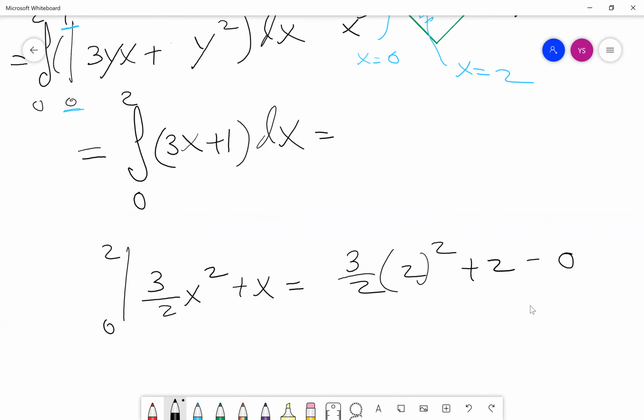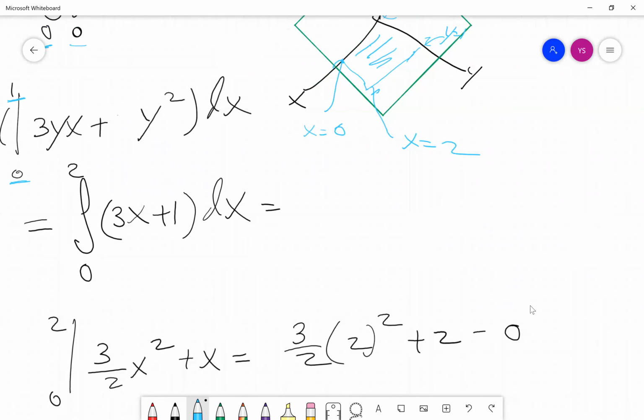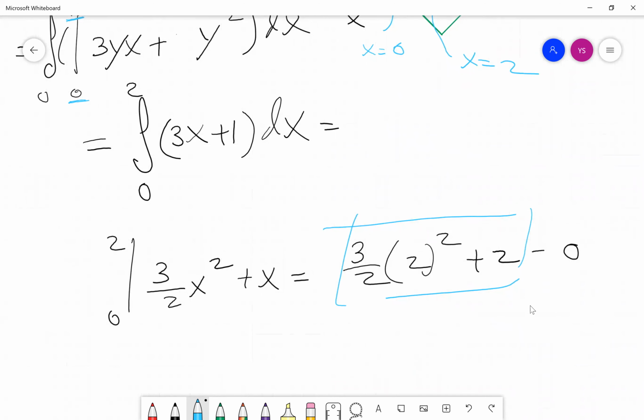What this means is that the volume below our surface integrated over this domain over here is going to be this number. Okay. I think it's 8. Yep. Any questions?